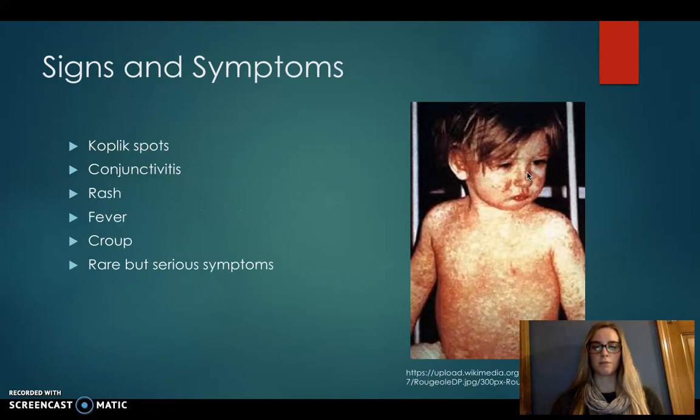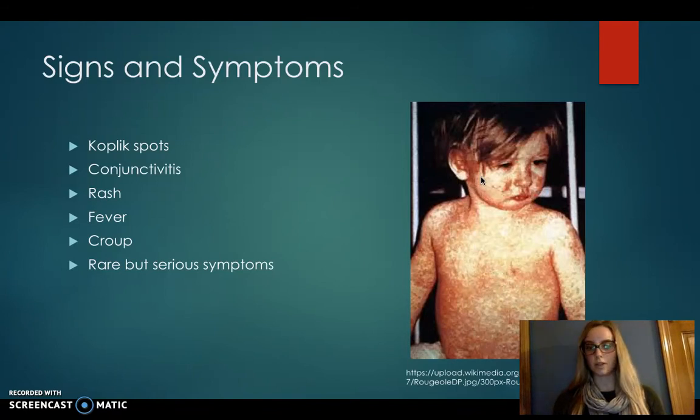Some signs and symptoms of measles include Koplik spots, conjunctivitis, fever, and croup, which first start about a week to a week and a half after the virus has entered the host, and this will happen when the virus has gone from the lymphatic system into the respiratory system, and it can also cause a rash about 2 weeks after it has entered, and this happens when the virus travels to the skin.